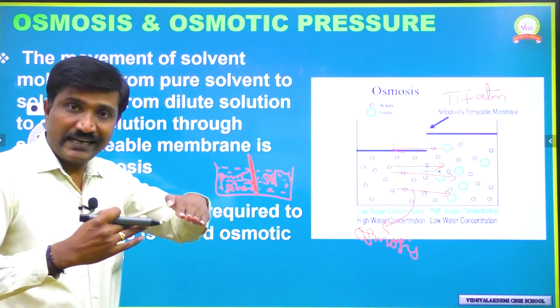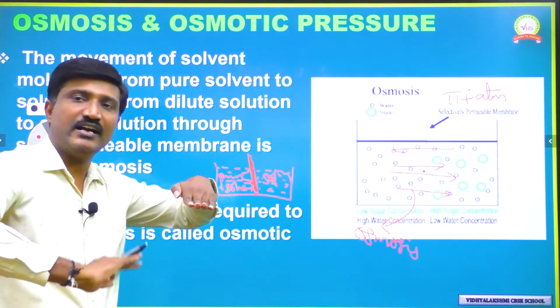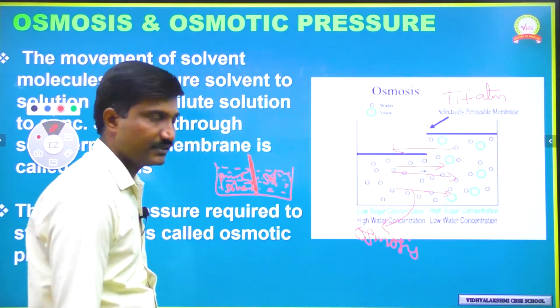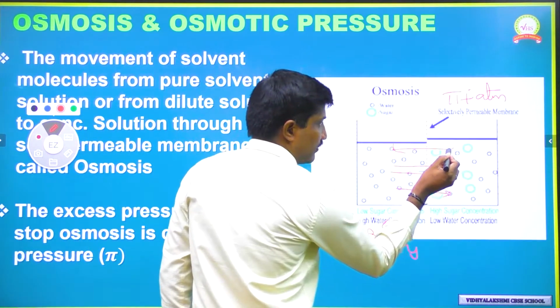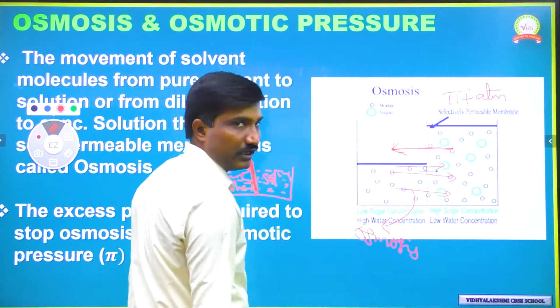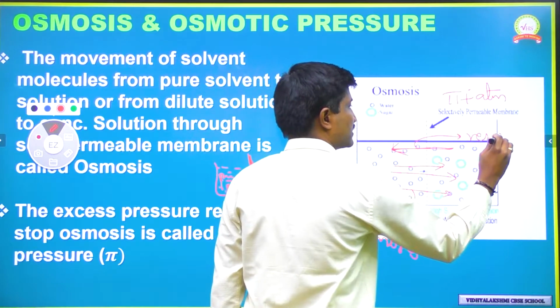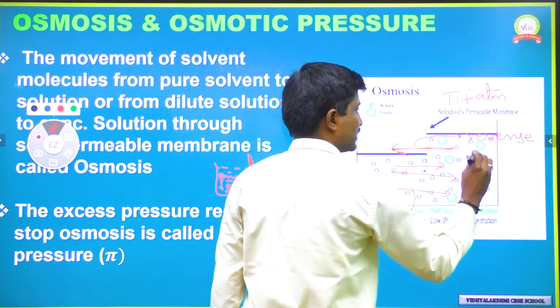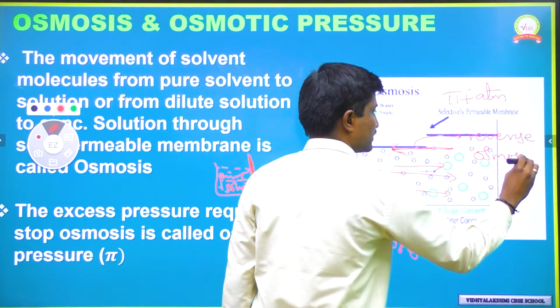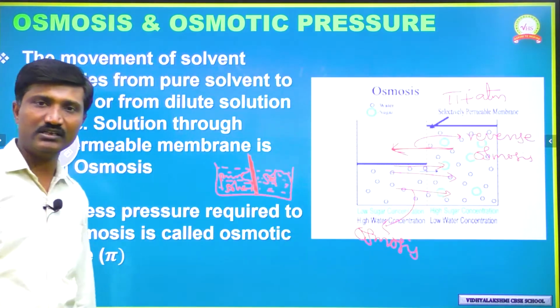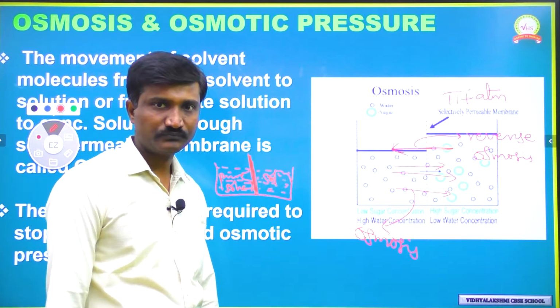If we apply excess pressure beyond the osmotic pressure, then solvent molecules move from the solution to the pure solvent. That process we call reverse osmosis, because it is the reverse of the osmosis process.